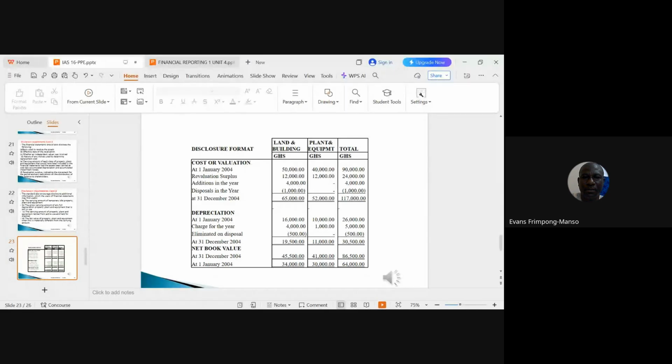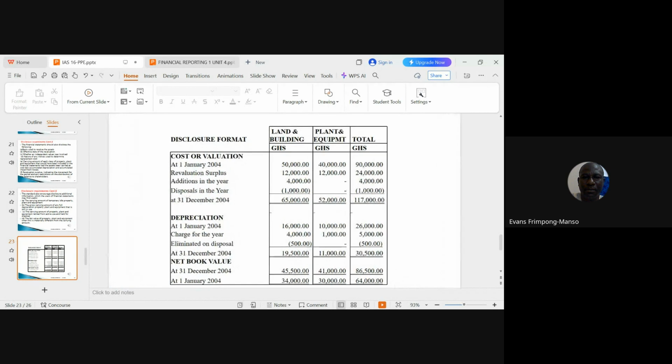So for instance, look on the slide before you. Now, assuming we have two property, plant, and equipment items: land and building, and plant and machinery. You see cost or valuation at 1st January.